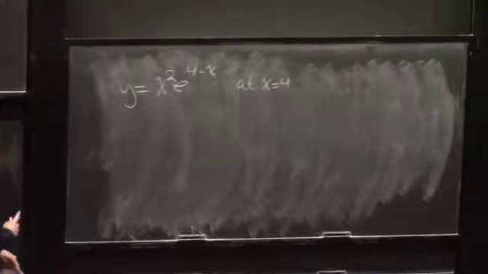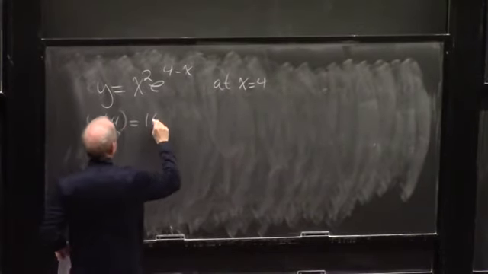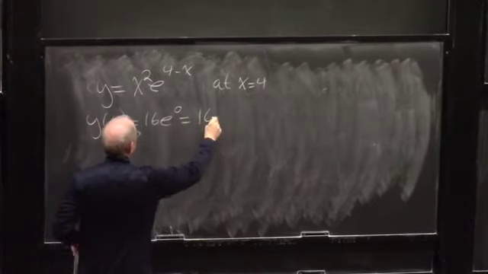First, we need a y coordinate. So y at 4 is 16 e to the 0. E to the 0 is 1, so it's just 16.